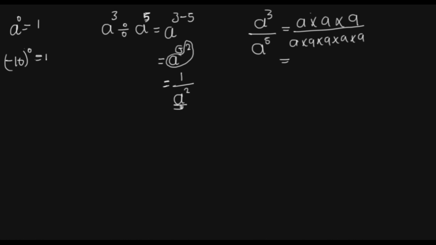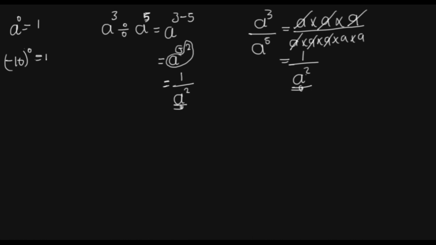So we can cancel one a from the numerator and one a from the denominator, another one, then another one. So you can see that on the numerator we only have 1, and on the denominator we get 2 a's. So we can see that we are still able to reach the same position.